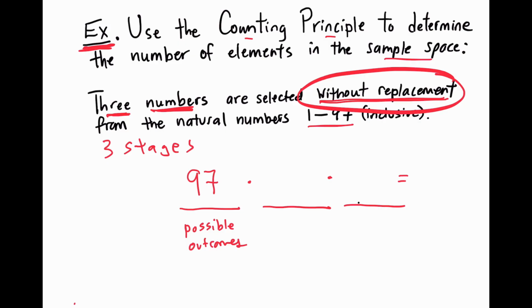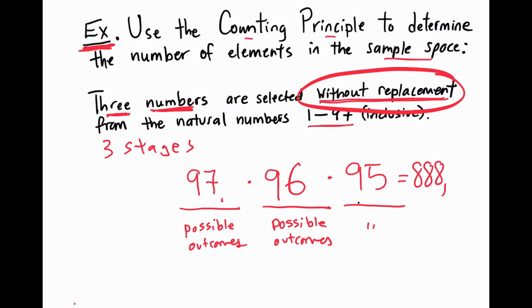And then I draw the second number, and in that case, the number of possible outcomes is only 96 because I've already used one of the numbers. And then finally, I draw the third number, so that's my third stage, and there are only 95 numbers left. So by the counting principle, I multiply these 3 numbers, and I get 888,640.